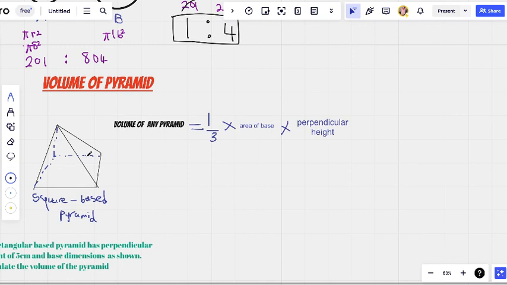If the base is a triangle, find the area of a triangle. If the base is a trapezium, find the area of a trapezium. After you've done that, then you will multiply by the height, from the center of the base with broken lines, to the peak or the apex of the pyramid.